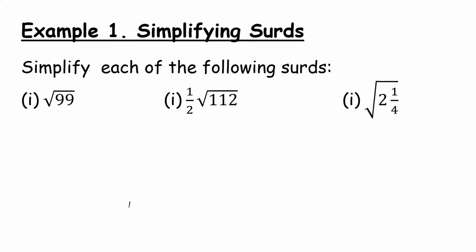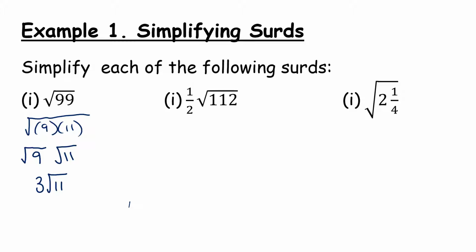Looking at that first one, hopefully everyone will see that 99 can be written as 9 times 11. Using the first property of surds, we can write that as the square root of 9, square root of 11, and we can simplify the square root of 9 to 3 root 11, and that's your answer.